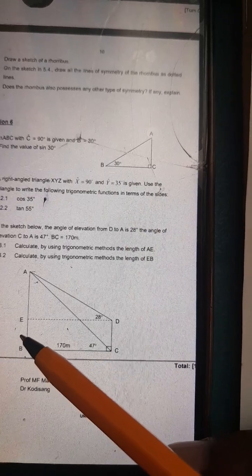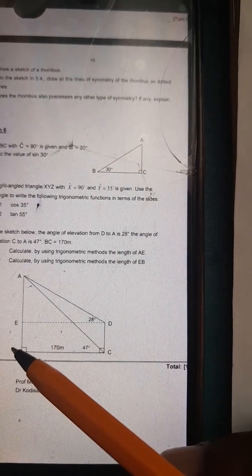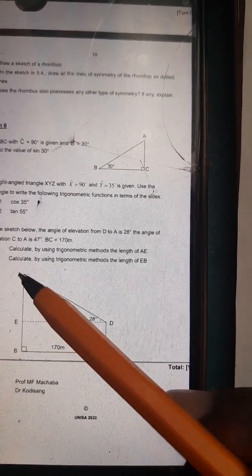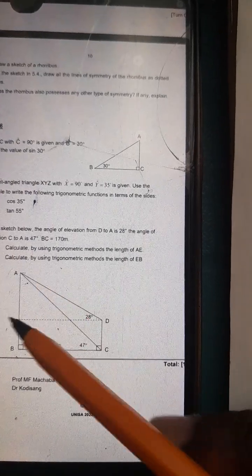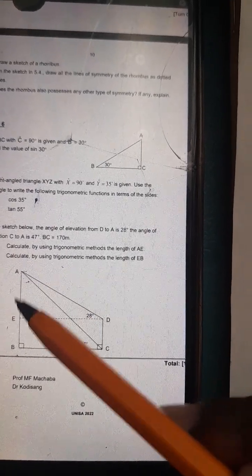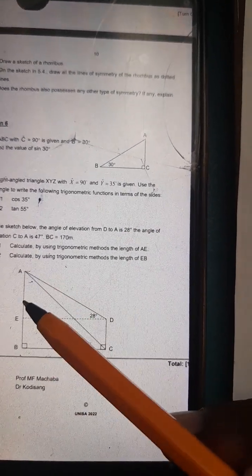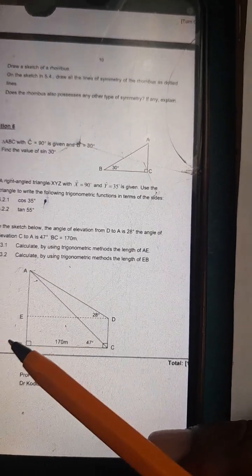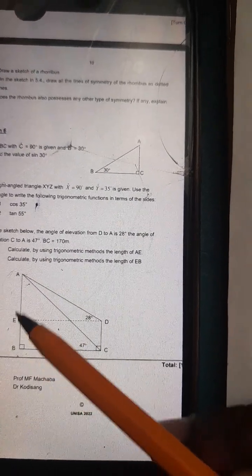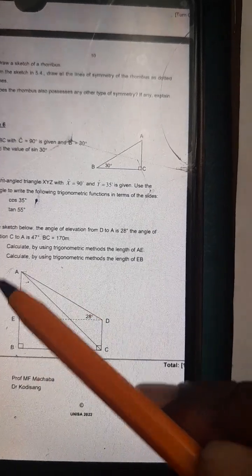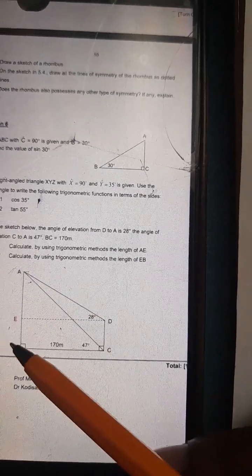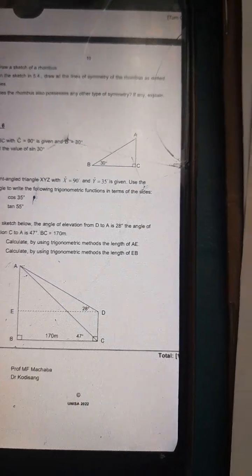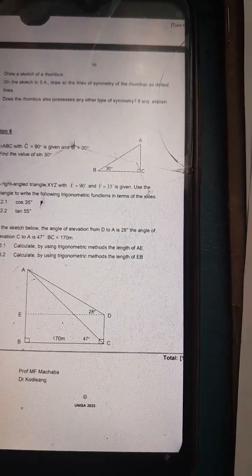What is missing is EB. I want you to listen very carefully. AB is formed by AE plus EB. That's how you will tackle such a question.